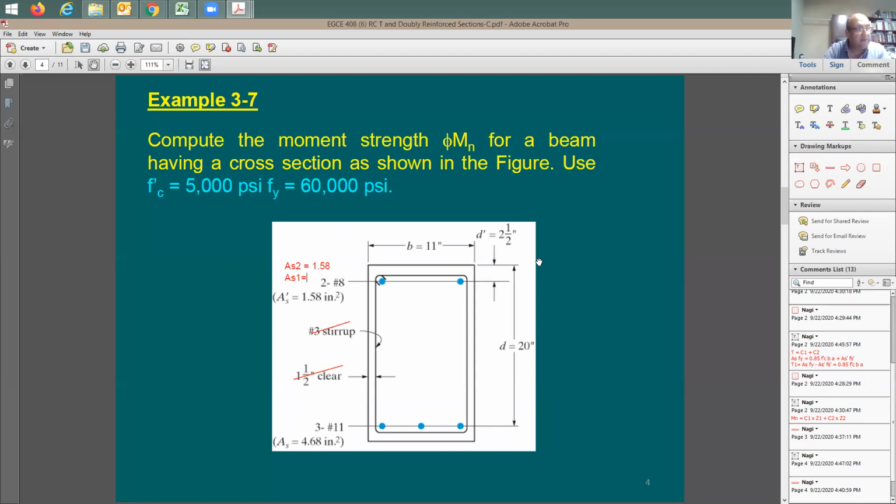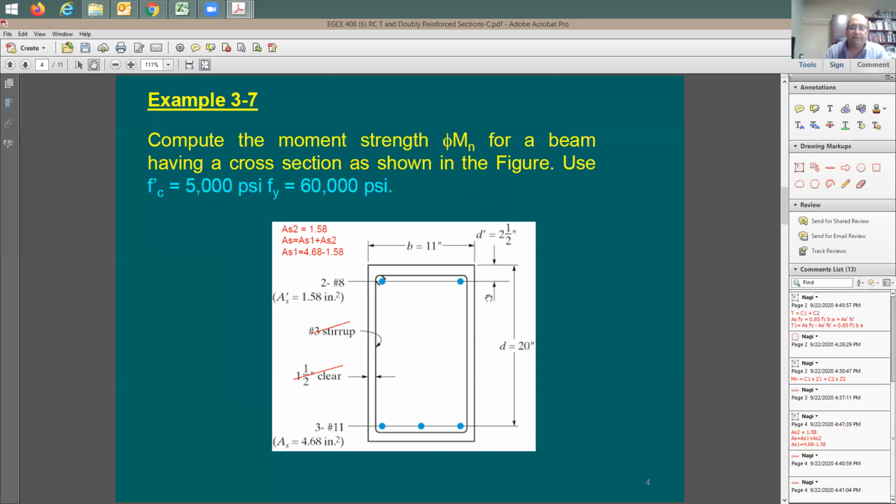AS1 equals how much? The difference between these two numbers, AS minus AS2. Why? Because I understand that AS equals AS1 plus AS2, right? Therefore, AS1 equals 4.68 minus 1.58.